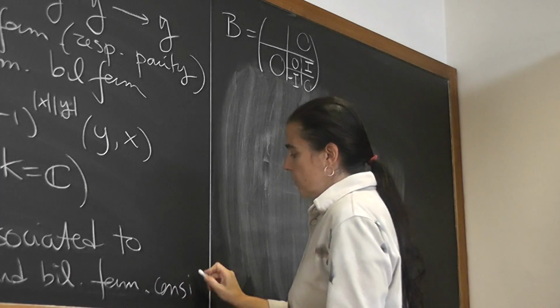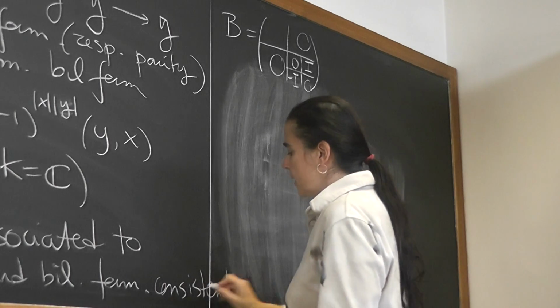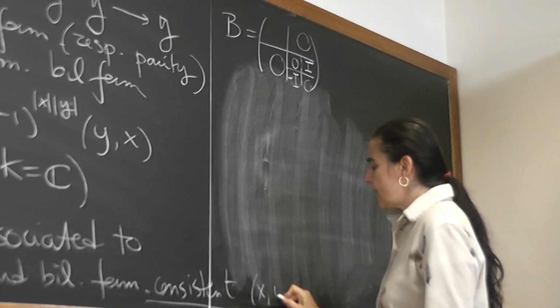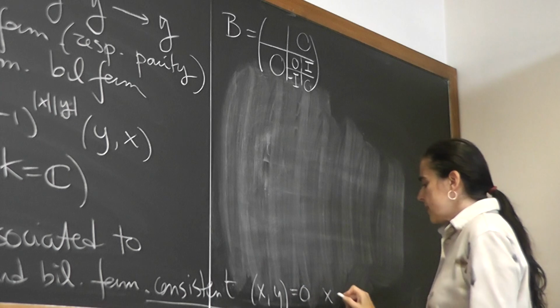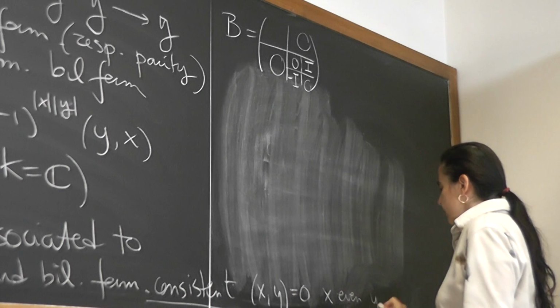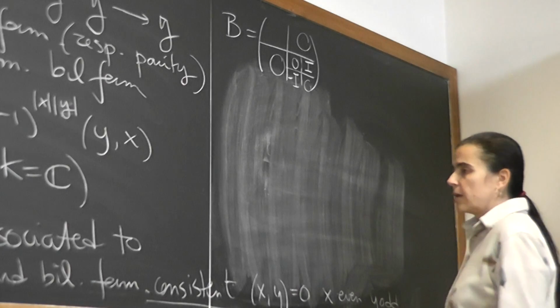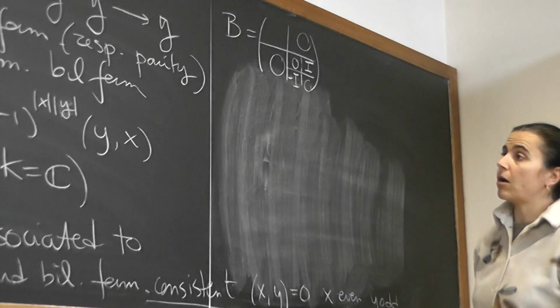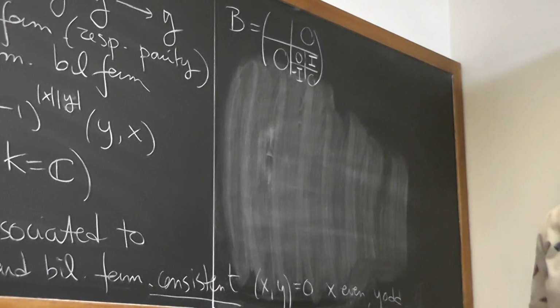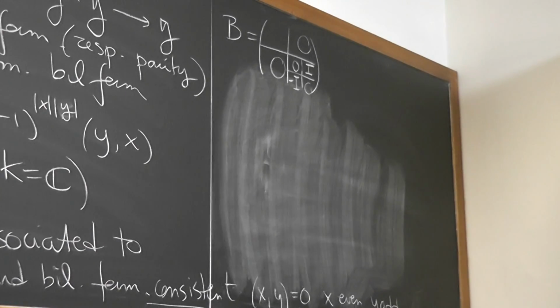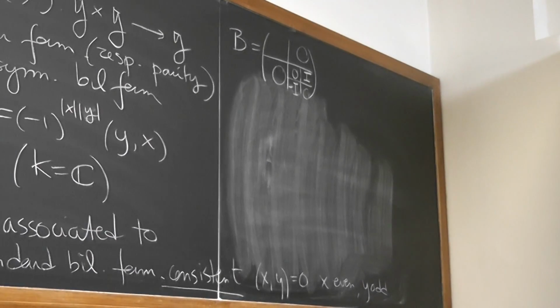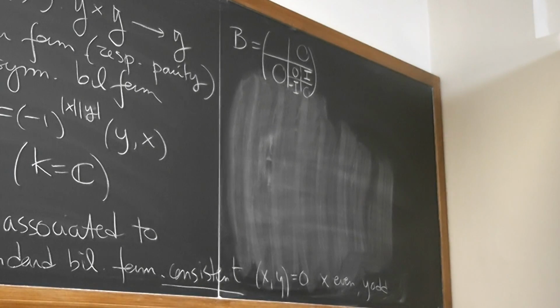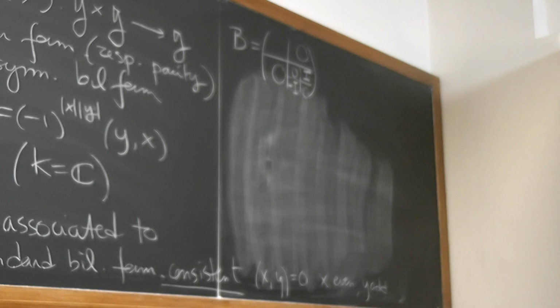We use the word consistent to mean that the product of x, y is 0 for x even and y odd. This is an extra condition. And then, on the upper block, we want a scalar product. Here we distinguish even and odd case, as typical for the algebras.